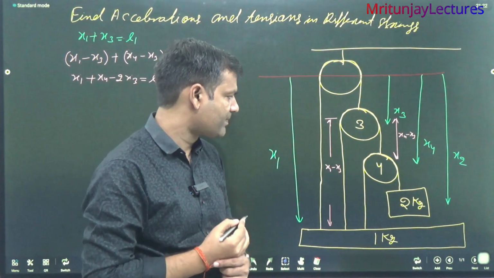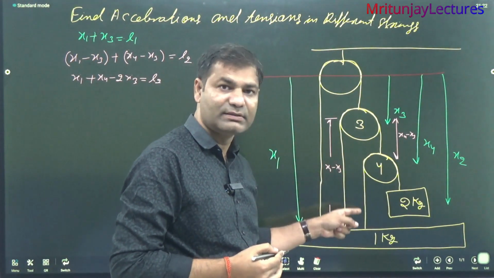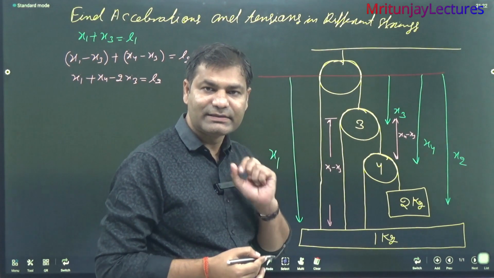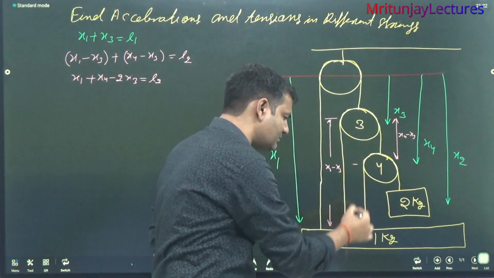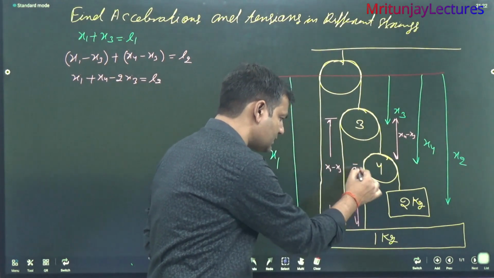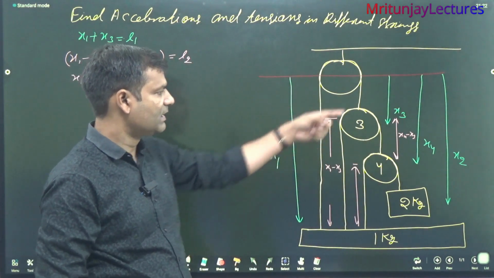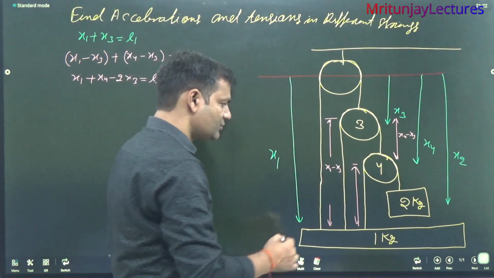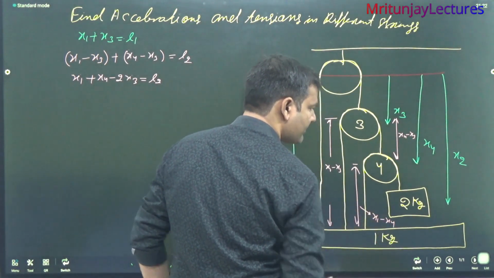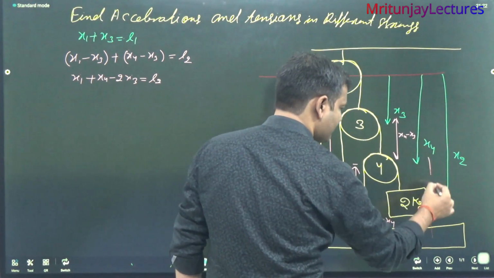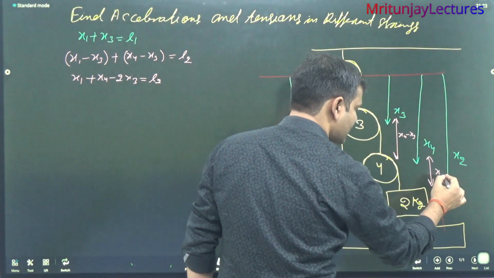Now the last one, what about this string length? That is L3. L3 is also written as, what about the length of that portion? That is x1 and here x4. So it is written as x1 minus x4, and that length is x2 minus x4.